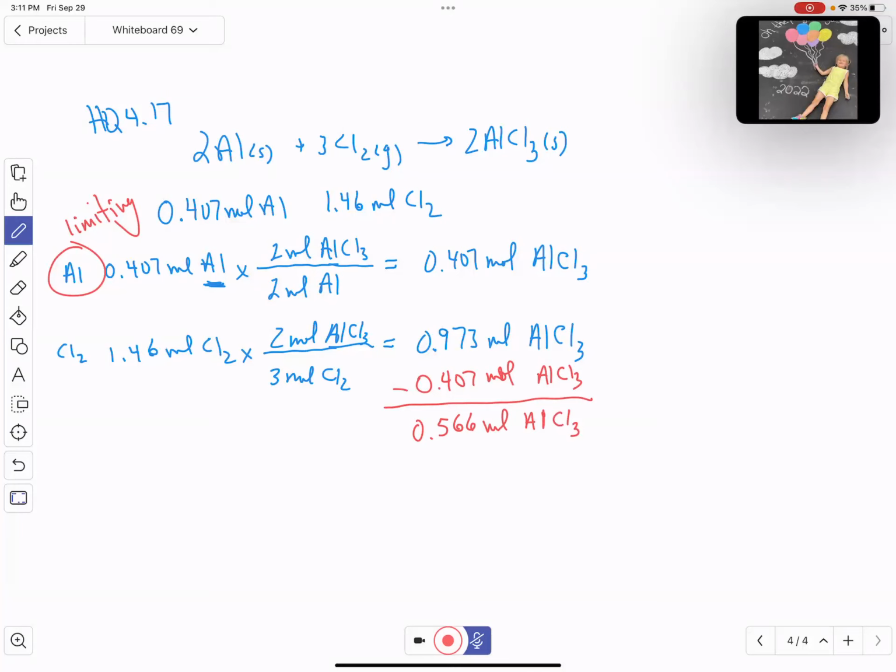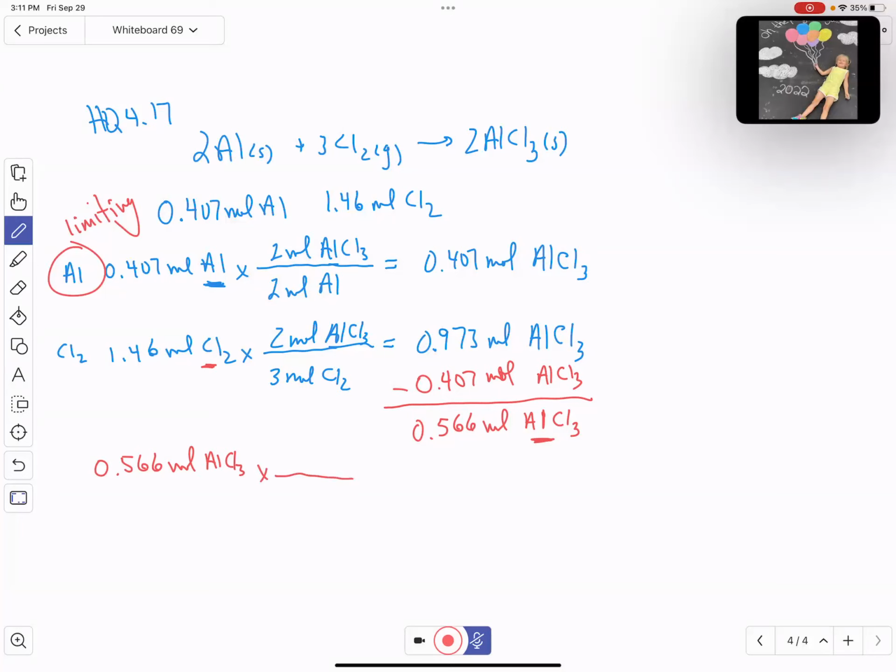How much chlorine gas, right, would we have needed to make that much? So we have to work backwards now and convert the aluminum chloride into chlorine so we can say how much extra chlorine would be there. So, okay, 0.566 moles of the aluminum chloride, right?